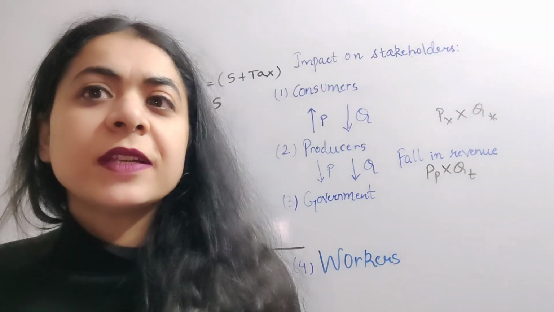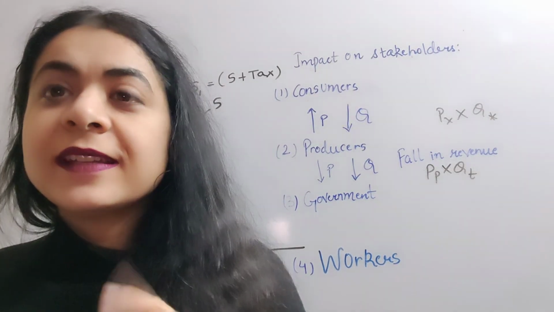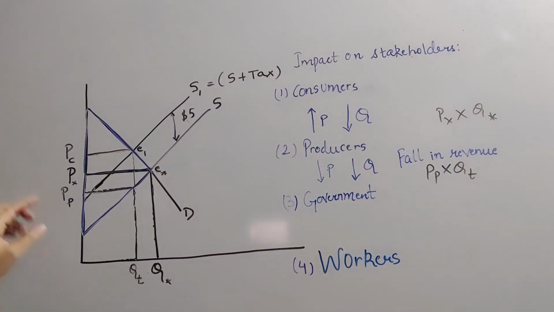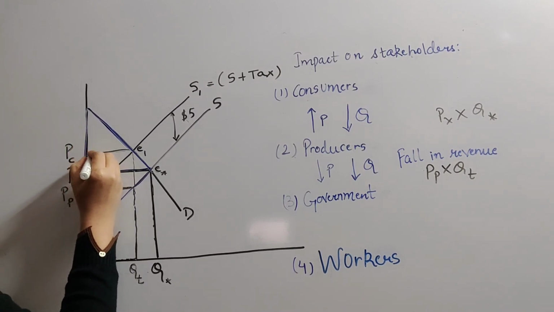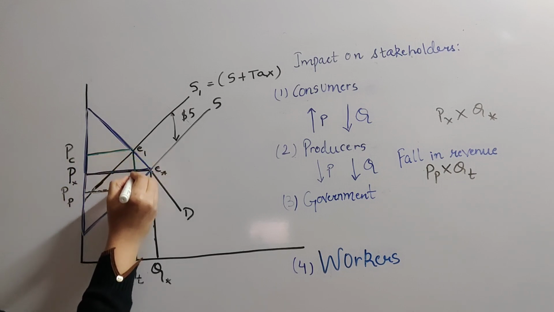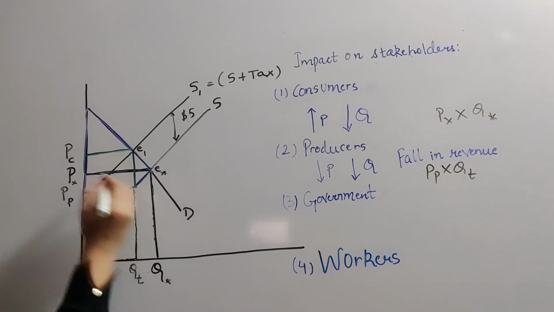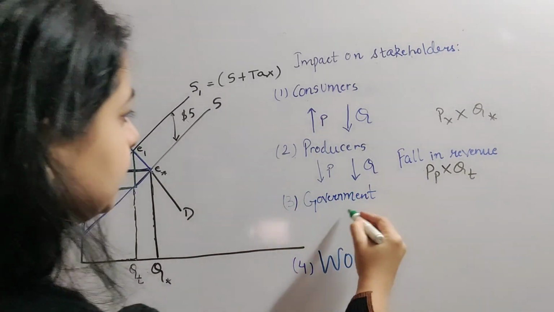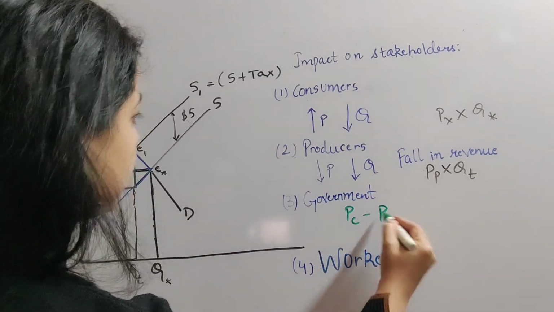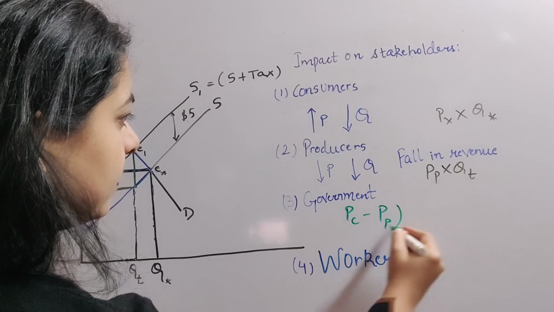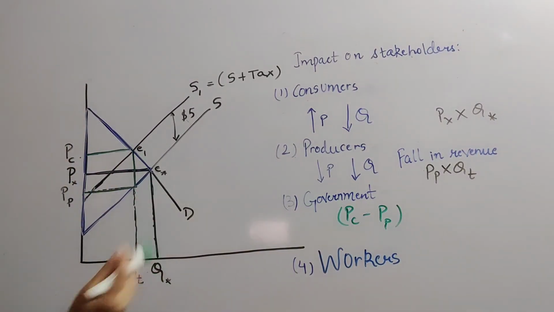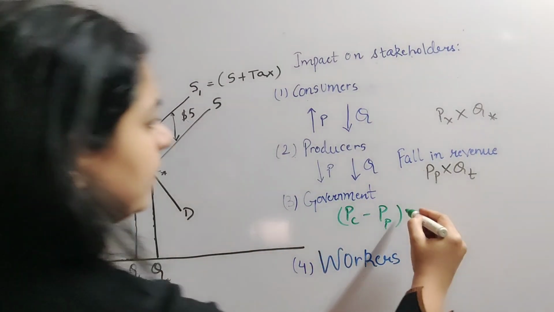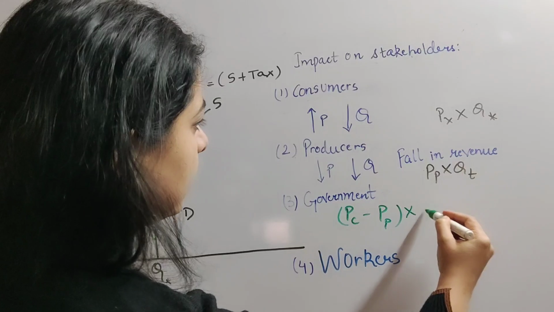If we talk about government, the government is the only stakeholder that gains here. As we can see, the government's revenue after the tax is represented by this area, because this is the amount of tax, the difference between PC minus PP, times the quantity of output, that is QT.